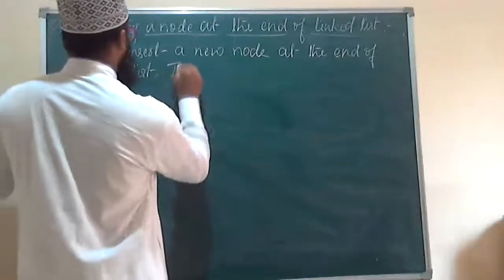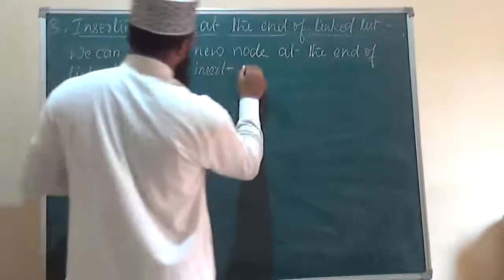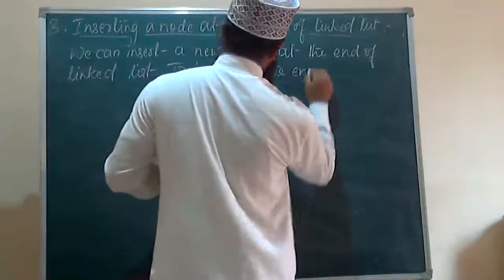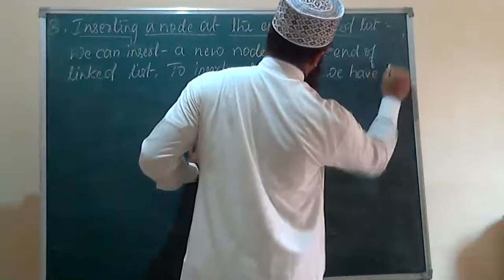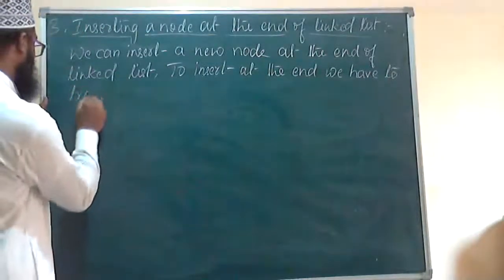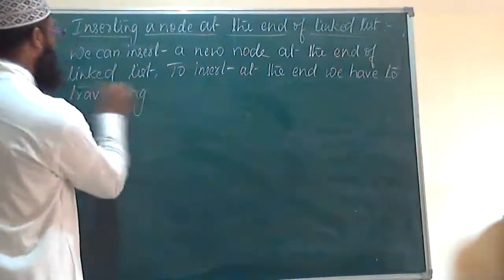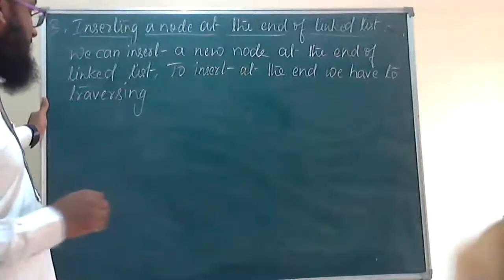Okay. To insert at the end, we have to traverse the linked list. What is meant by traversing? Traversing means accessing each node exactly once to perform some operation. It's called traversing.